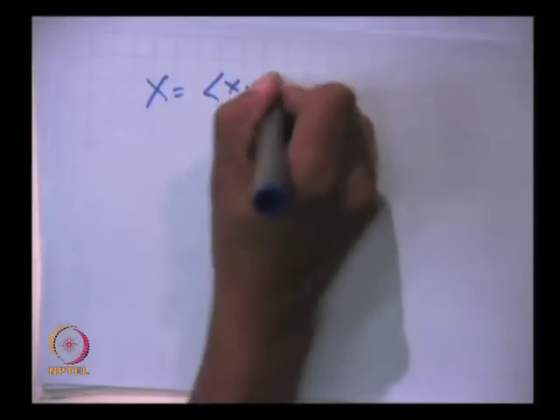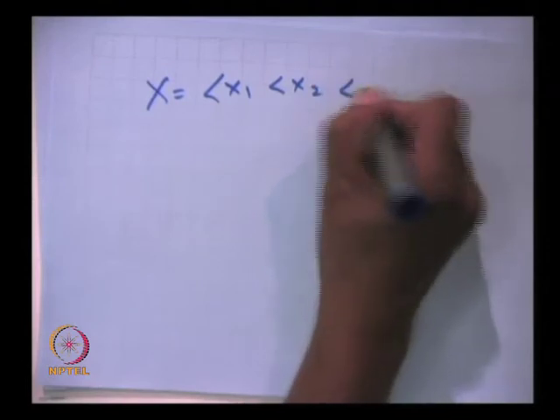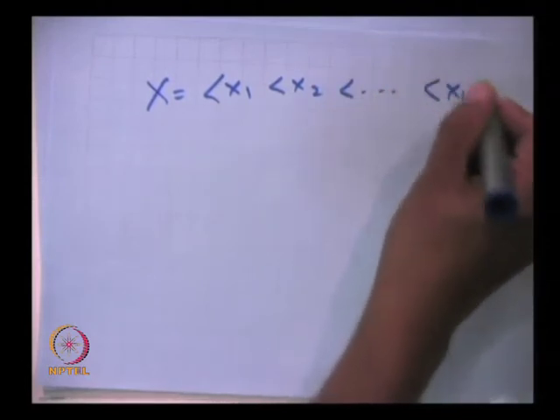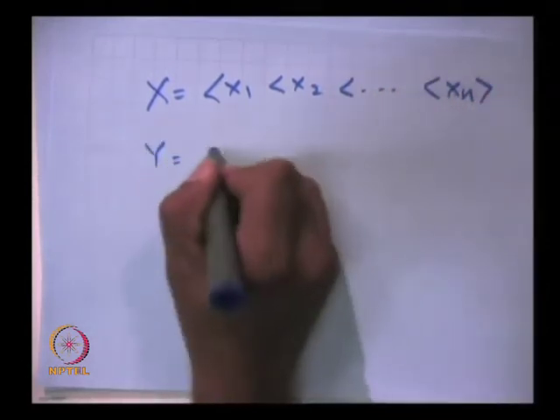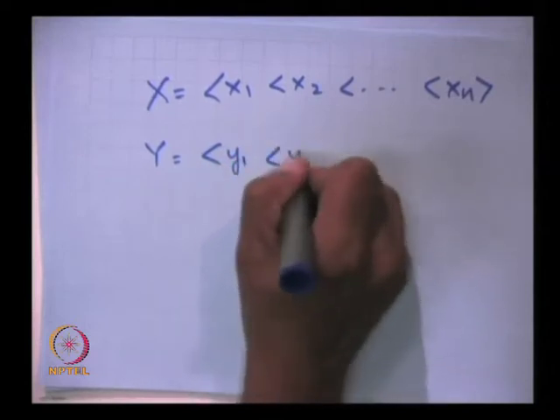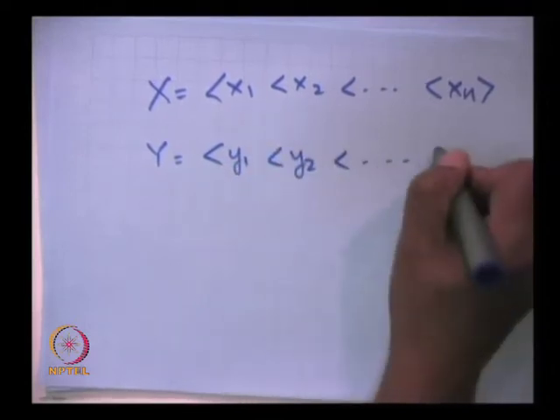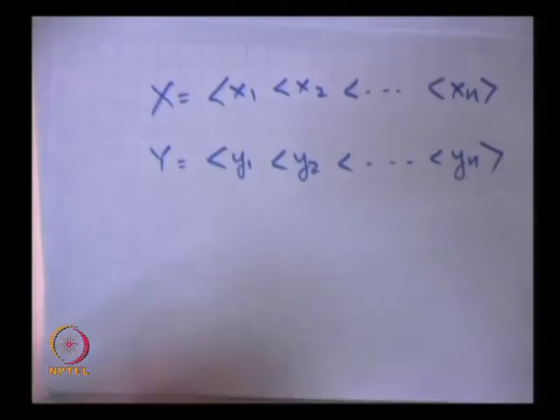Have you heard of the problem x plus y sorting? Suppose you have two sorted lists, each of length n, just real numbers, or if you like, you can think of them as integers, it does not really matter.